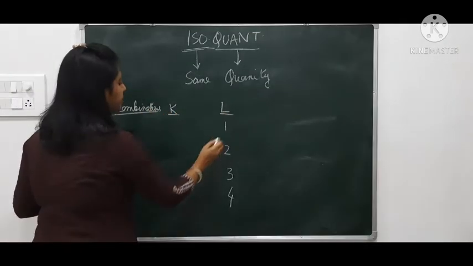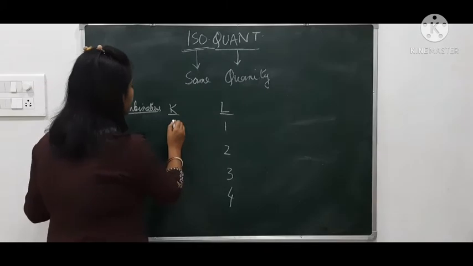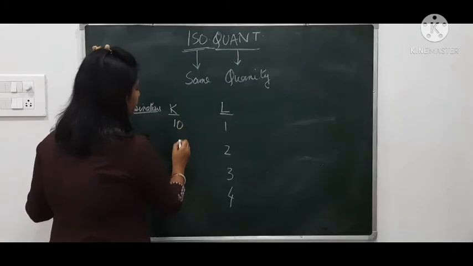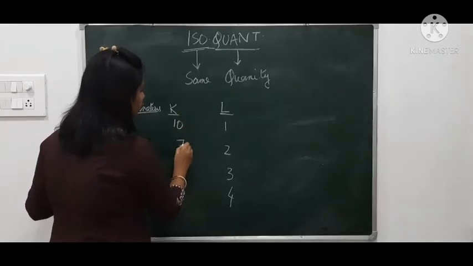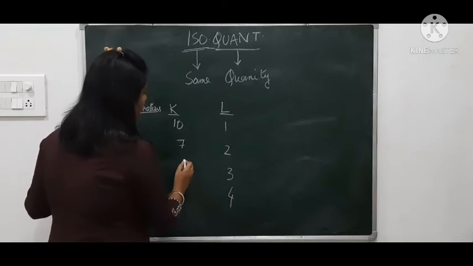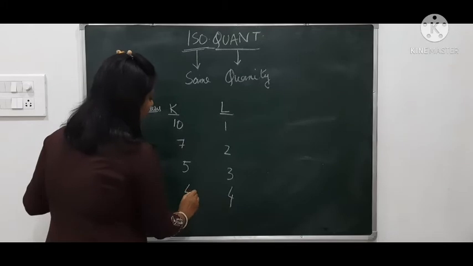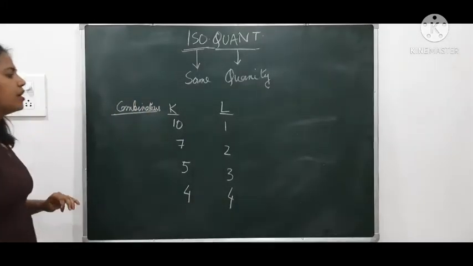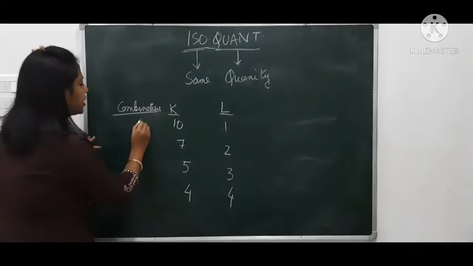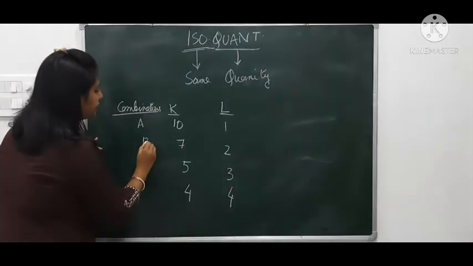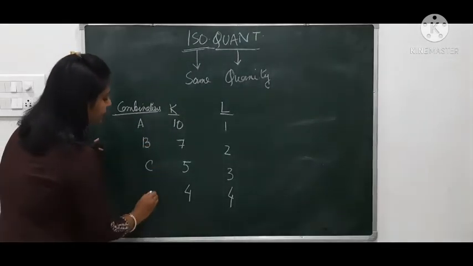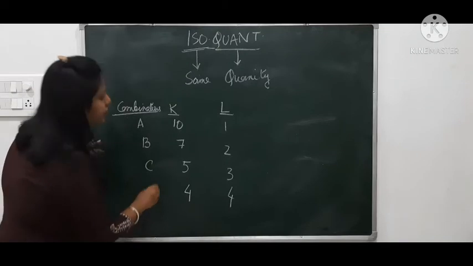Capital and labor. I have used here 10, here 7, then here say 5, and then here say 4. Now this is my combination A, this is my combination B, this is my combination C, and this is my combination D.